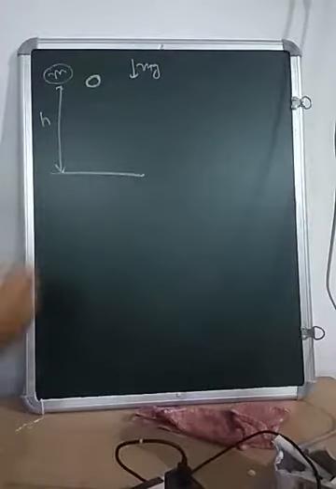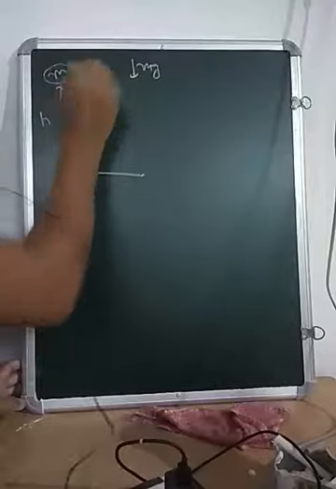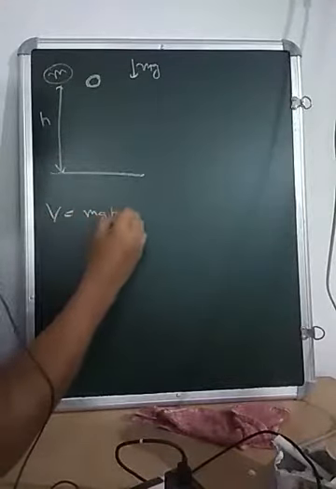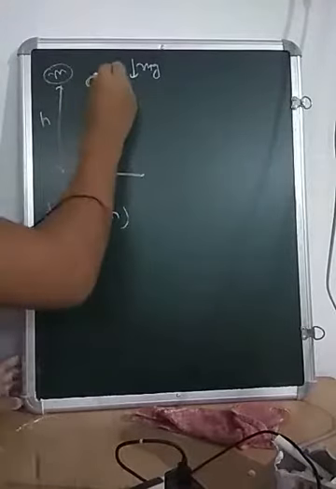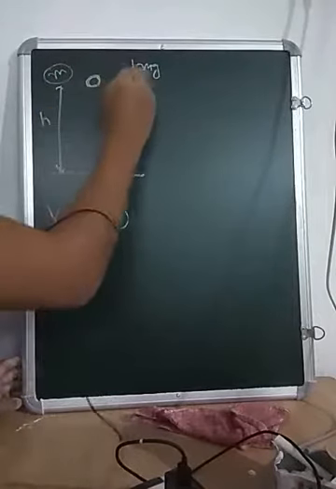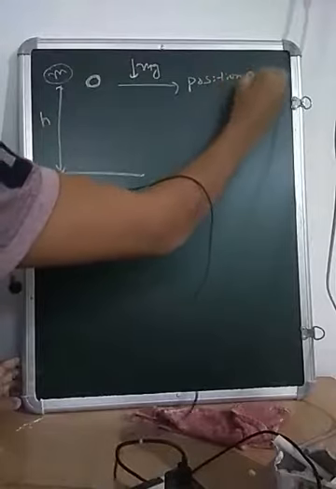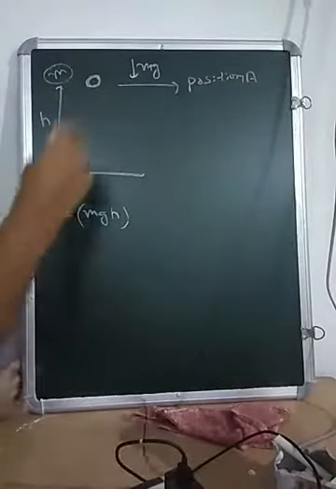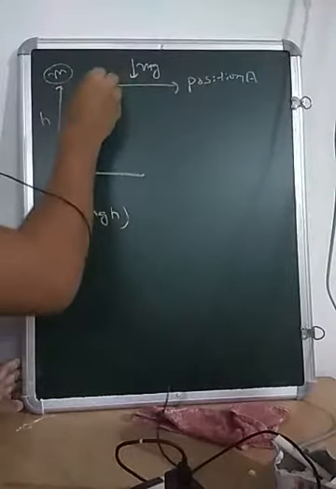So what is the potential energy of this body at this position? Potential energy will be mgh. This is the thing we know. This body contains this much potential energy at this position, at this height. Suppose this is position A. Now suppose I release the object from this position.